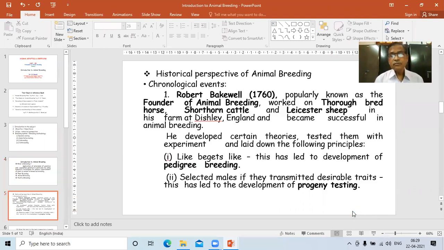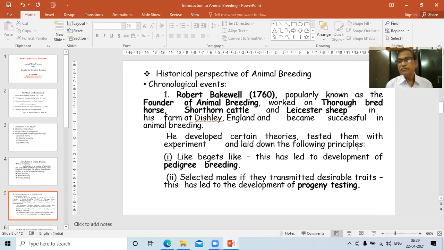Now let us go into a little bit of historical perspective and see who actually contributed to the establishment of the animal breeding technique, or animal breeding subject. It is Robert Bakewell, in 1760, mind the year 1760.